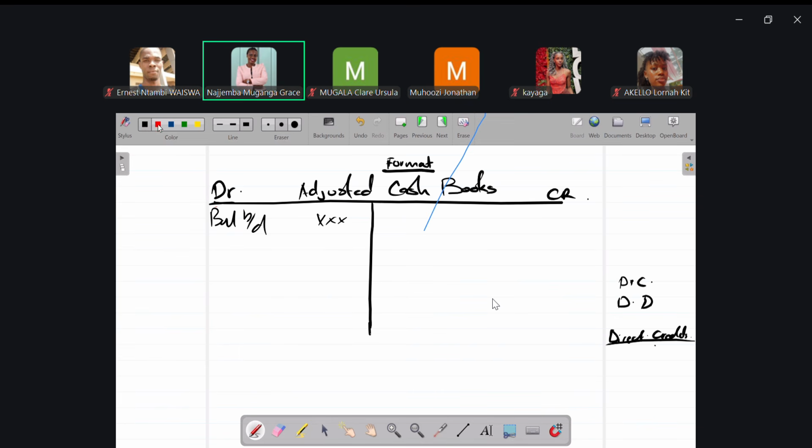Perfect. So the direct credits will all appear there. A credit in a bank means the bank received money. So to reflect the same in the cash book, it should be on the debit. Then the opposite is true for direct debits.